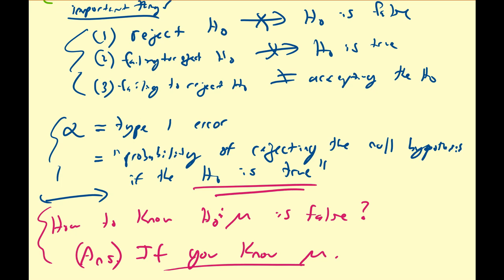So these are just some important things that you definitely need to take note of, especially when you have to interpret this confidence interval and make conclusions from the confidence interval that you have constructed. It's very easy to abuse some of these conclusions, which is why it's important to take note of them here before we move forward.